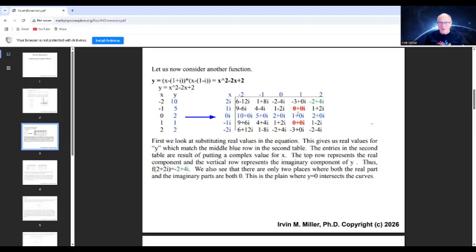However, we notice this curve intersects in two places. It intersects in the imaginary axis at 1 plus 2i and 1 minus i. Now, if I plotted this curve, I would not see any crossings like I did with the other curve. So this curve would have been moved up and there would have been no crossings. But yes, to tell me that there were some crossings at 1 plus i and 1 minus i.